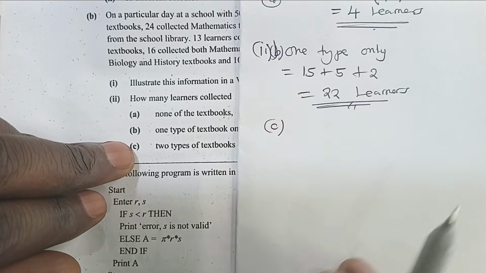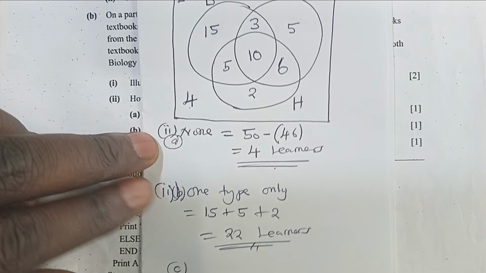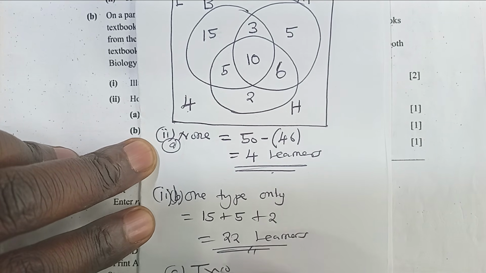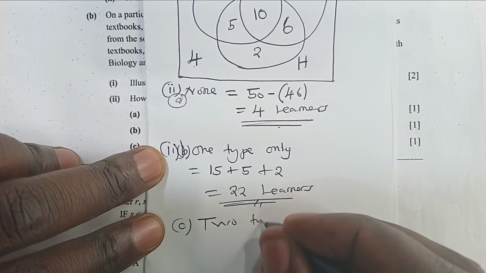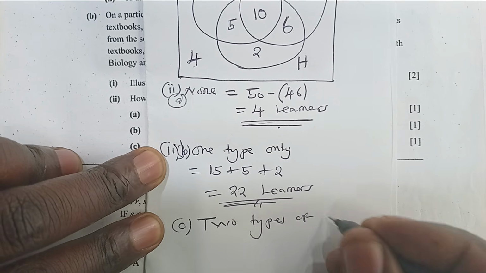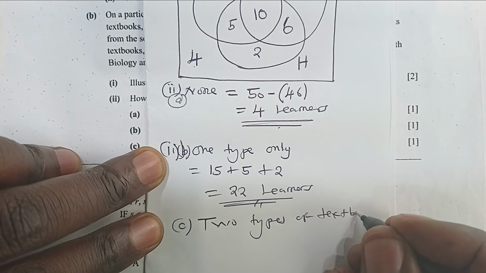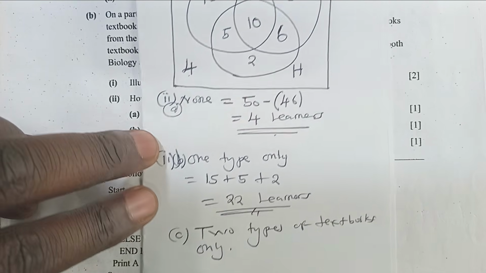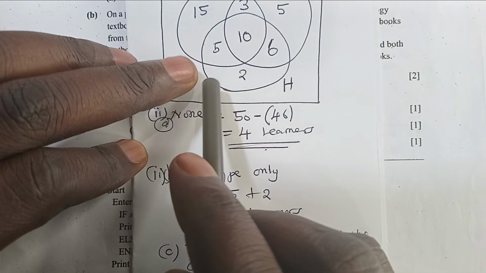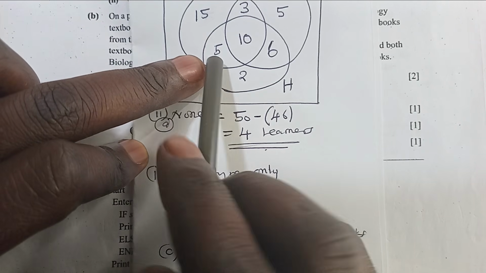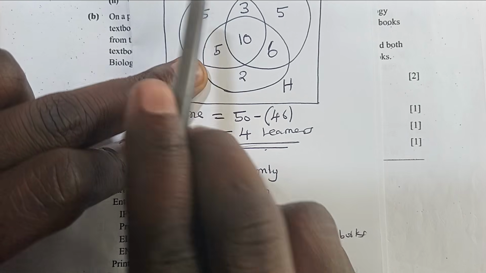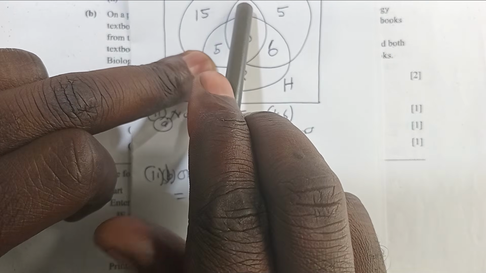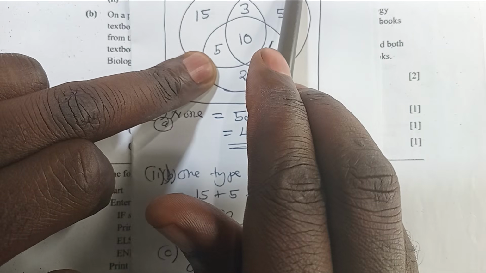So for this, we can again use the Venn diagram, 2 types of textbooks only. So for 2 types, we are going to get this 5, which was part of the biology and history. We also get the 3, which was part of the biology and mathematics.